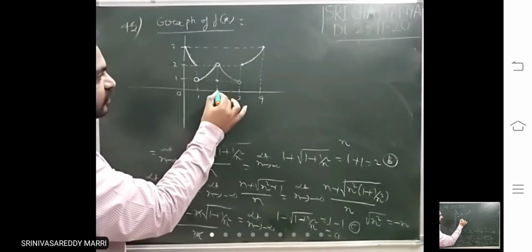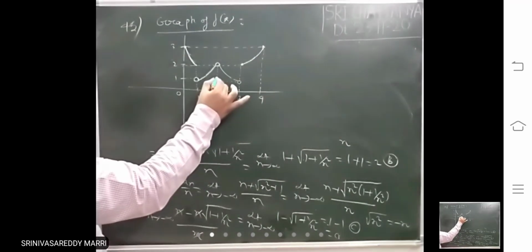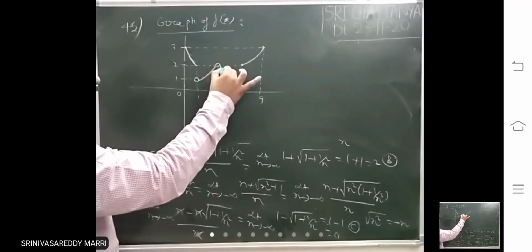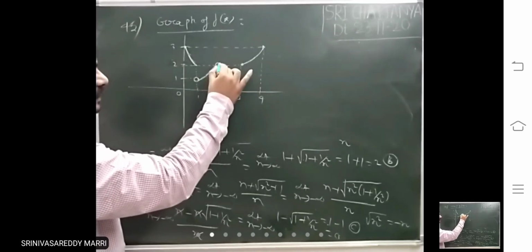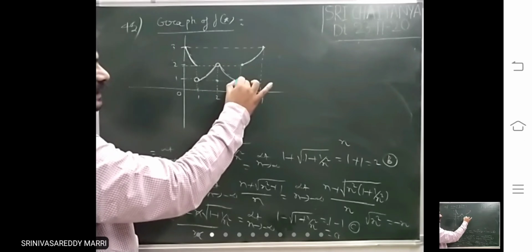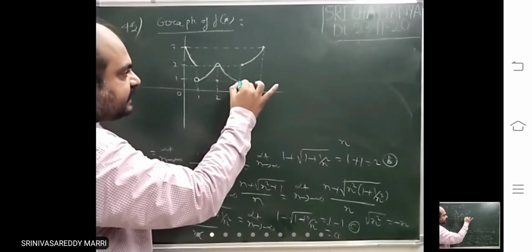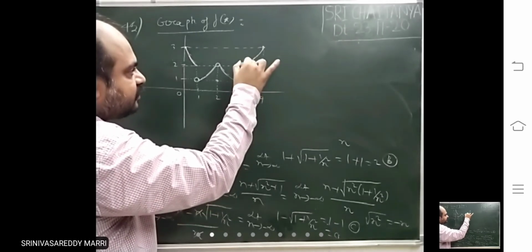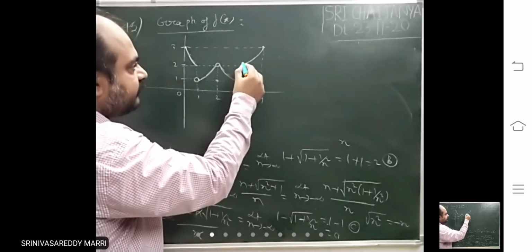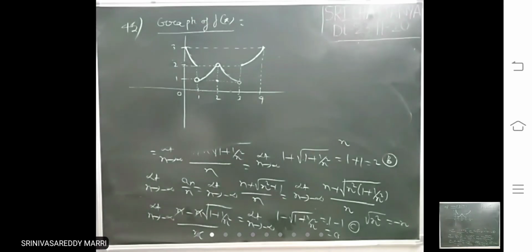At 2, its value is 1. And after that, greater than 2, he has drawn from 2 to 3, not at 3, till 3. That means open 2 to 3. And then at 3, the value is 2, and a point is there. From closed 3 to closed 4, he has drawn the graph like this. So the graph is like this.